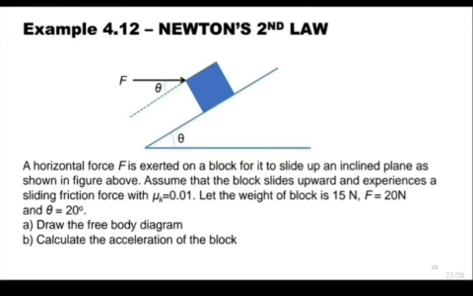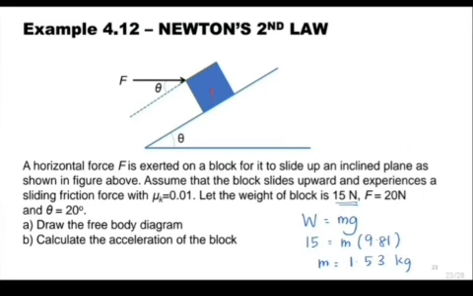In the question, it gives you the weight of the block. So, let's start by determining the mass of the block by using the formula W equal to mg. Here we get the mass of the block equal to 1.53 kilogram. For question A, we want to draw the free body diagram, so let's identify the forces acting on the block.